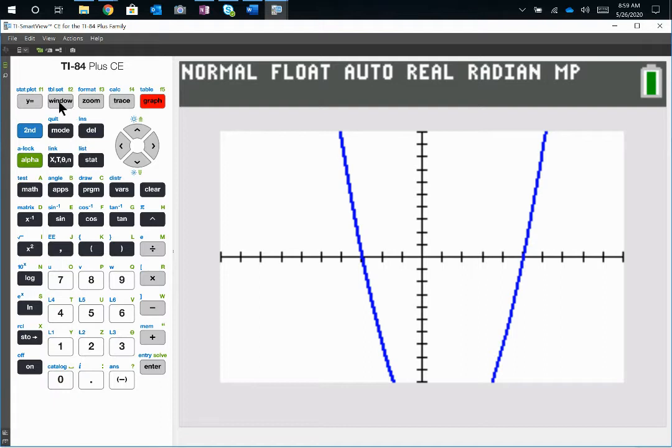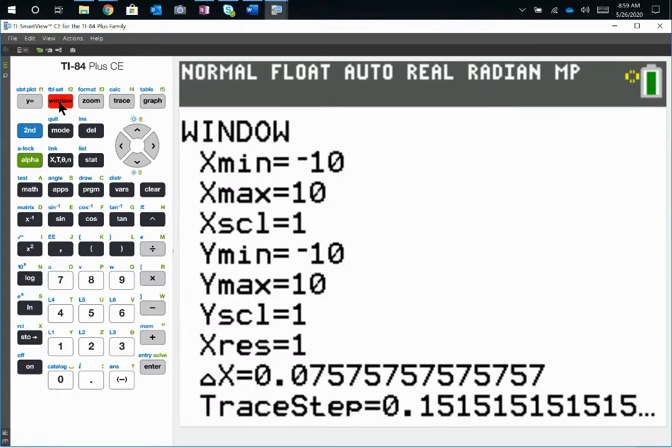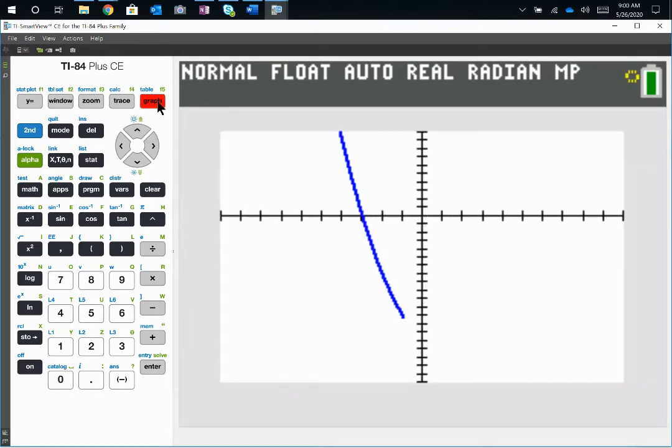So to fix that, go to the window. And the only thing you're going to change is the y minimum. It's at negative 10 right now. Let's make it about negative 20 because we want to see negative 16, and graph it. And now we can see that vertex.